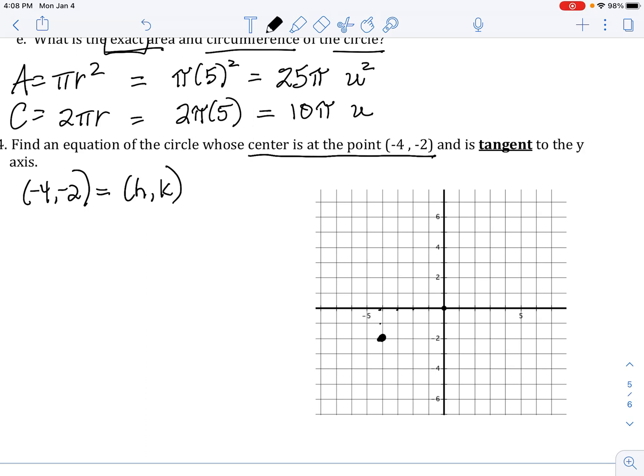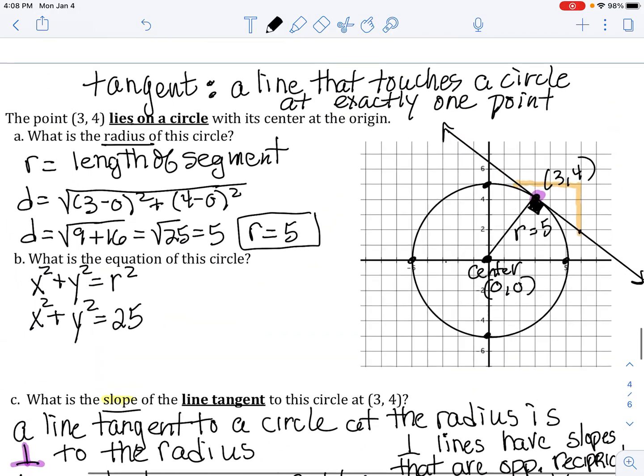Now we see this word tangent again. Find the equation of the circle whose center is that point, tangent to the y-axis. All right, so here's the y-axis right here. If the circle is tangent to it, then that means that the circle can only touch it at one point. Remember, go back up to the top.